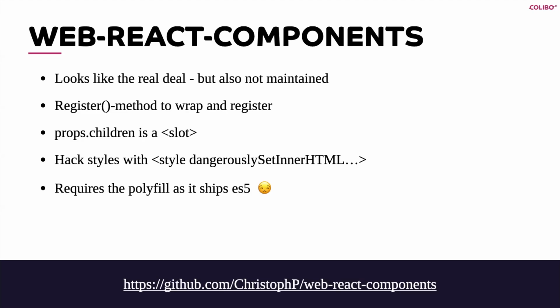And then it ships in an ES5 way, which is weird because custom elements are only supported in browsers that support ES6. So it's a little bit weird, and it requires a polyfill to run. So I actually made a fork of it that just runs ES6 and works out of the box, and you can use that. It's inside of the repo that I'm going to link to.